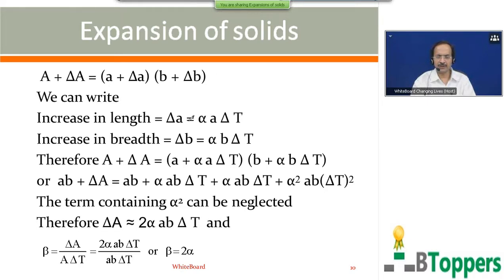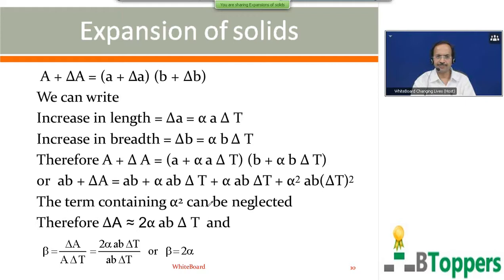So you can write increase in the length denoted by delta a equal alpha into original length a into delta T. Similarly, increase in the breadth you can write delta b equal alpha into original breadth b into delta T. So if you substitute delta a equal to this value and delta b equal to this, you can write A plus delta A equal to a plus alpha a delta T multiplied by b plus alpha b delta T.